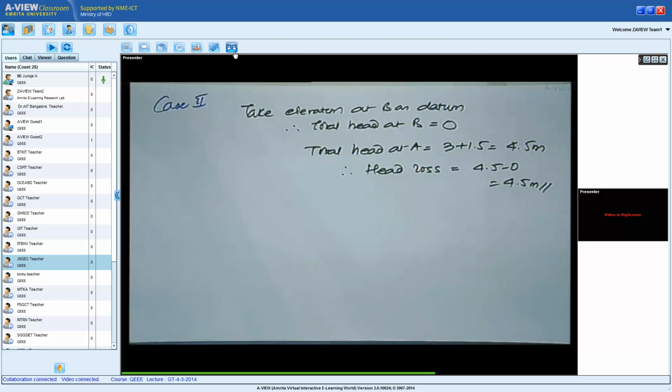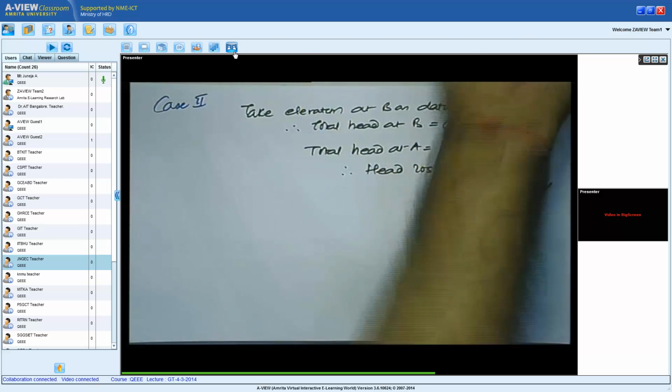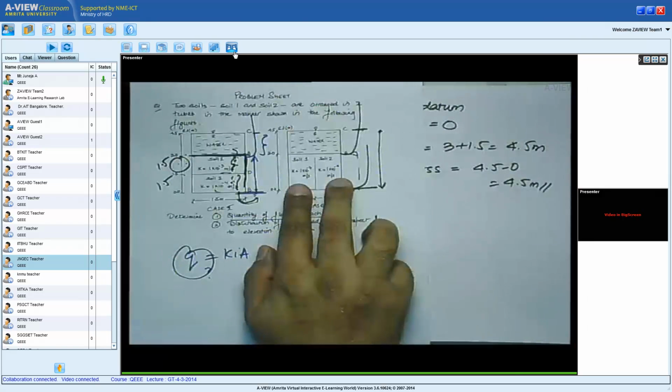So we made a statement: since the flow occurs through both the soils simultaneously, the flow is not the same in soil 1 and soil 2, but the head loss is the same.